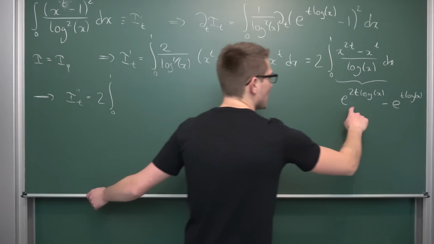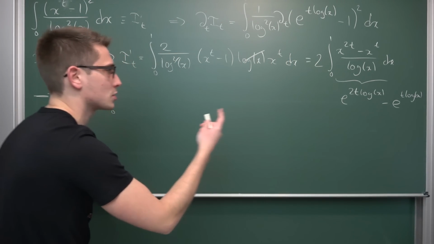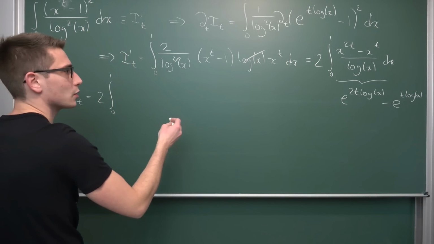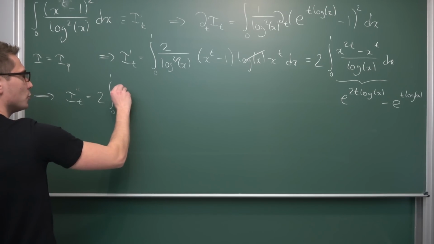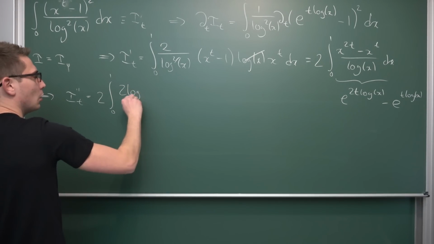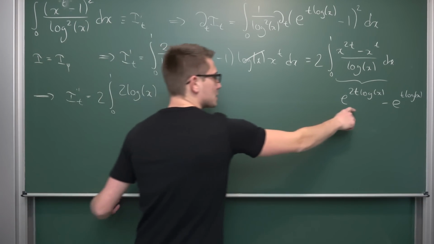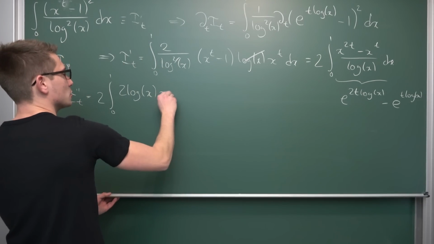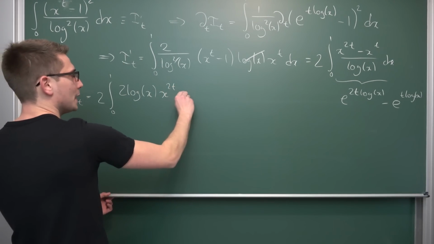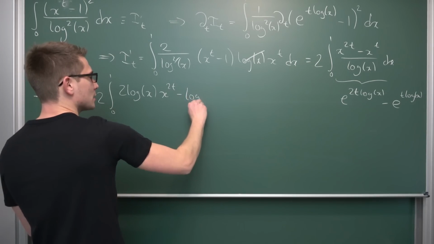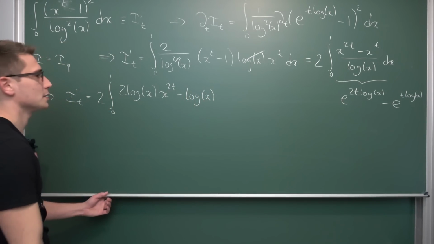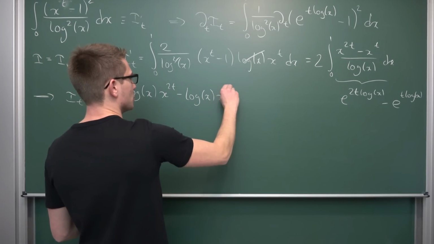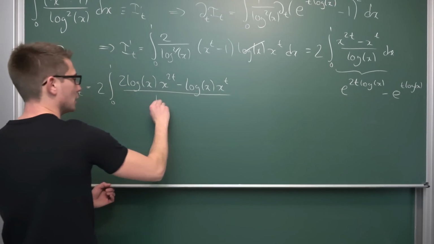If we were to differentiate those, just using the summation rule, on the first one it's going to be 2 times log of x, times obviously this thing being preserved, x to the 2t power, minus log of x times x to the t power divided by log of x.